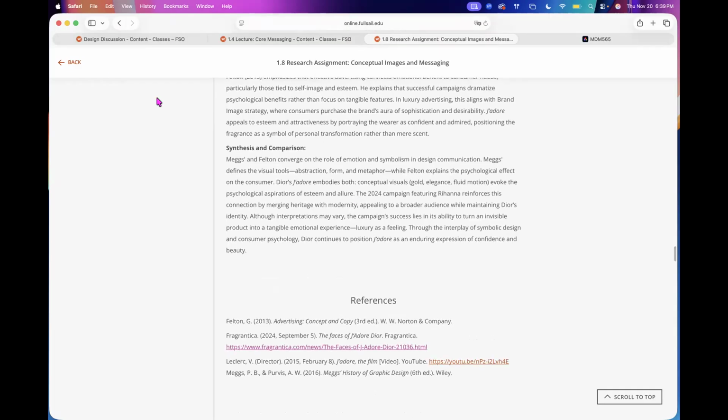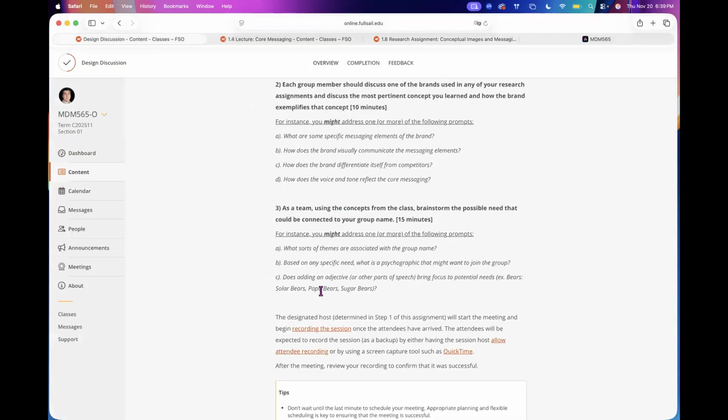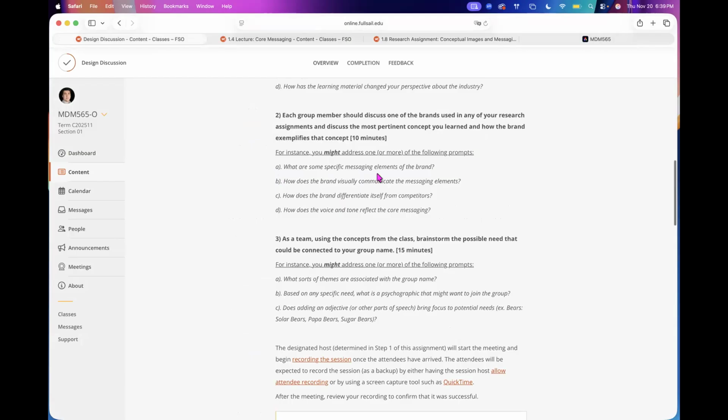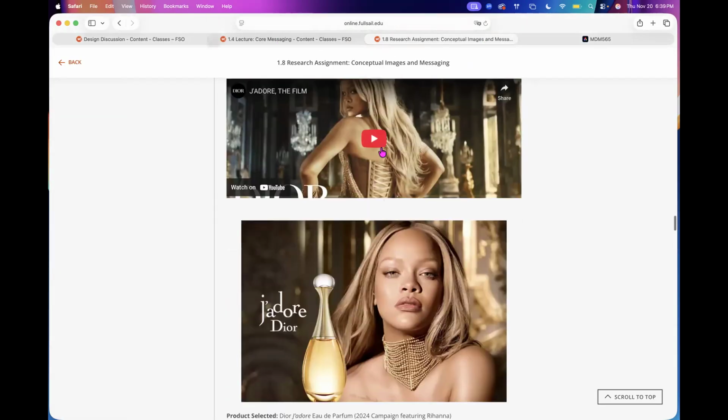Okay, let's see. The specific messaging elements of the brand: definitely they're trying to say that wearing this perfume is going to make you feel like a goddess. It's not her going up to somebody else or attracting somebody else. She's the only person in this ad.